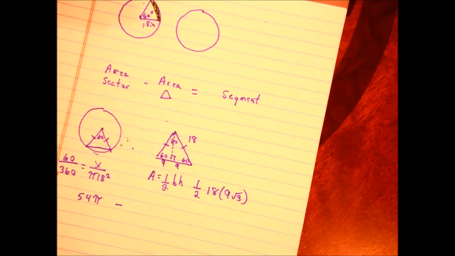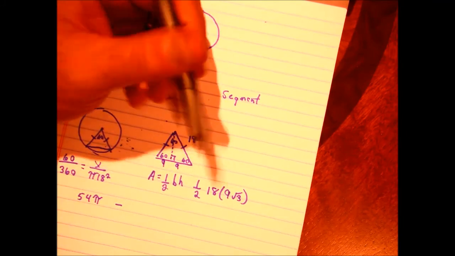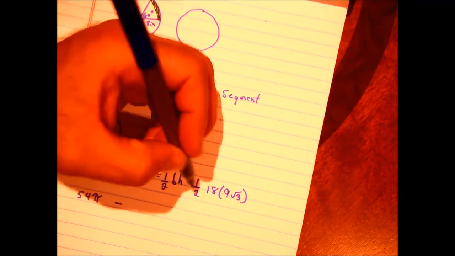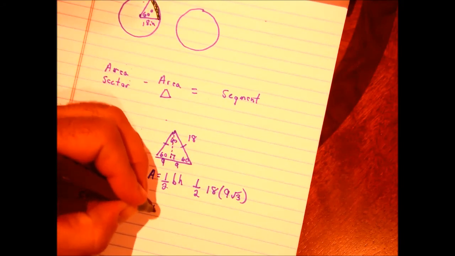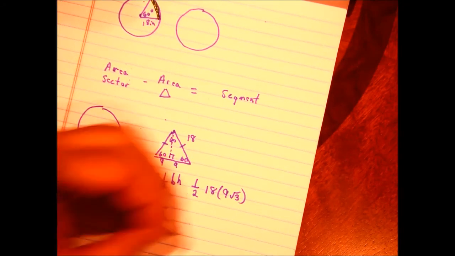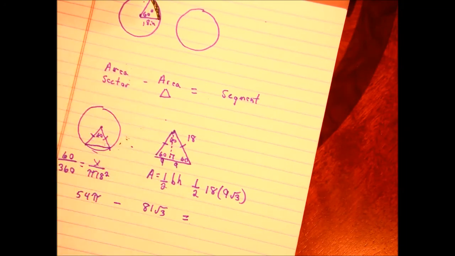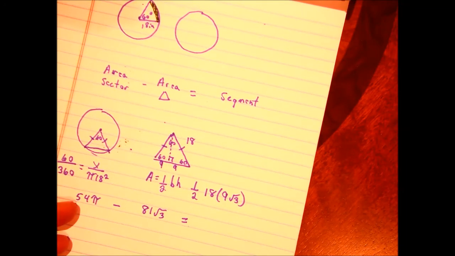So I do all that in the calculator. Now I'm telling you I don't need to because I can do most of this in my head. So half of 18 is 9. 9 times 9 is 81. This would be 81 square root of 3. Now, this is the math problem you put in your calculator.